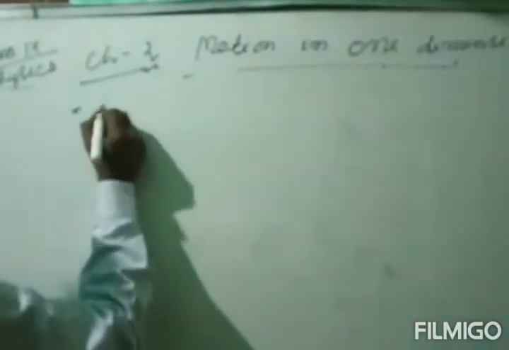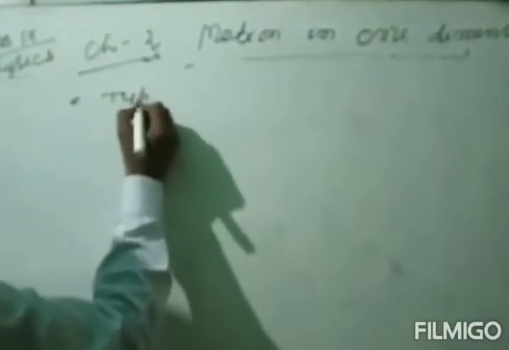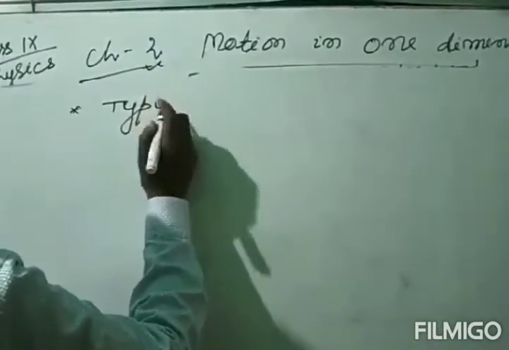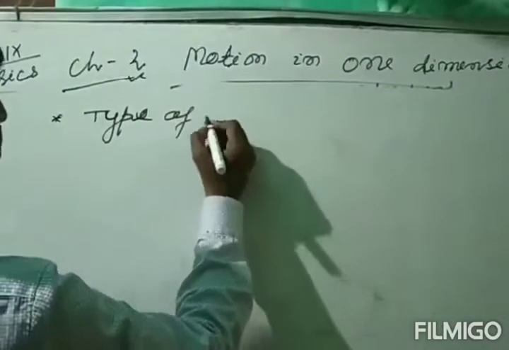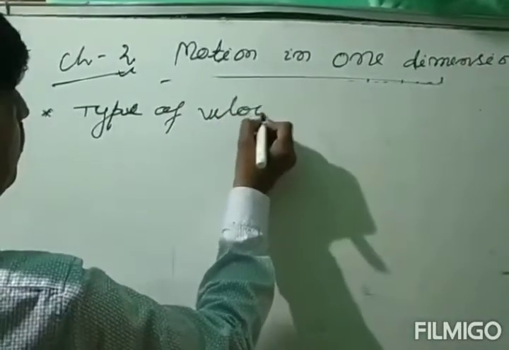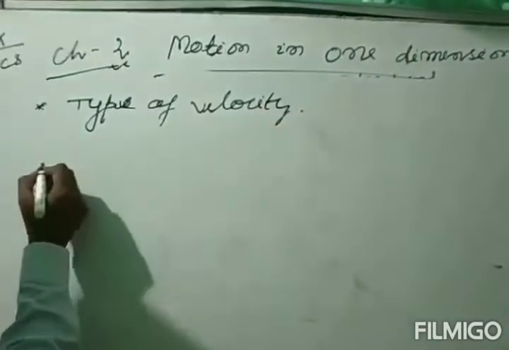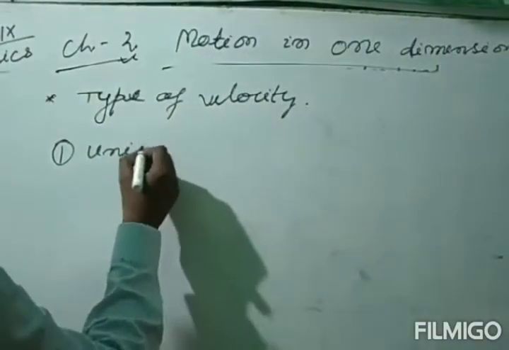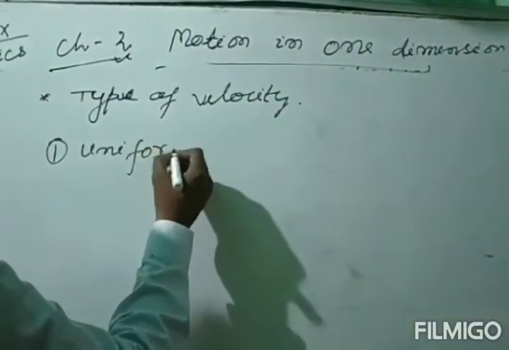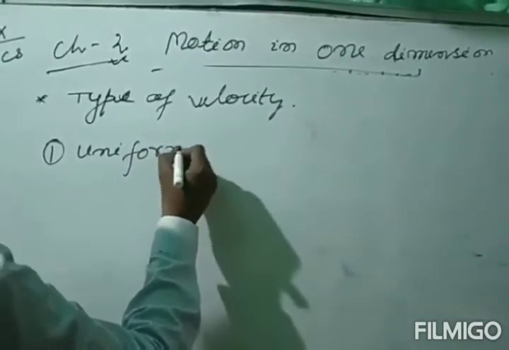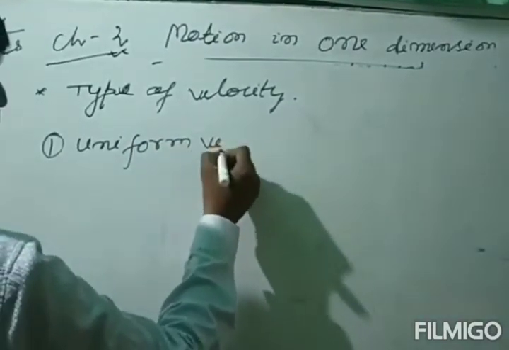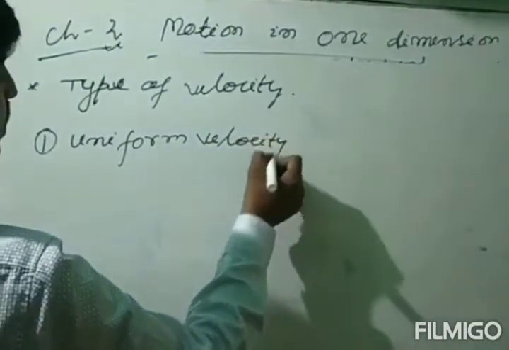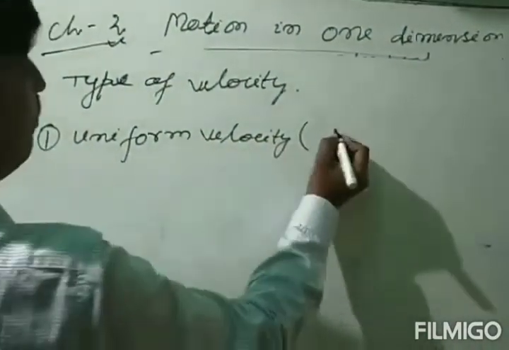Types of velocity we will read next. There are four types of velocity. First, uniform velocity, also called constant velocity.